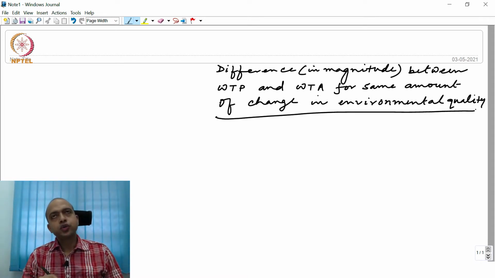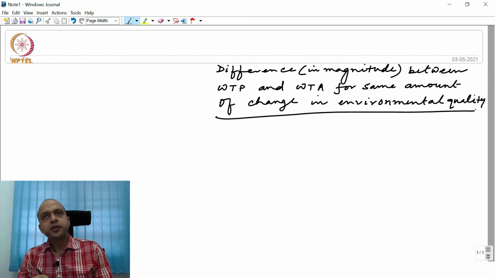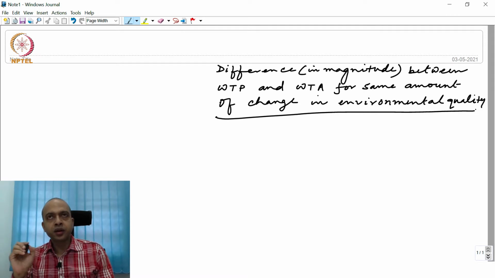Right? So we said that willingness to pay is relevant when there is a potential positive change in environmental quality. We ask the individuals to pay for that.